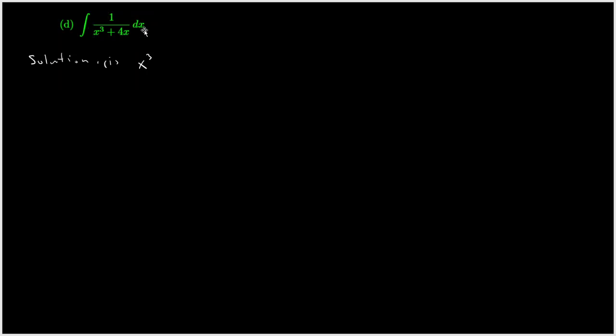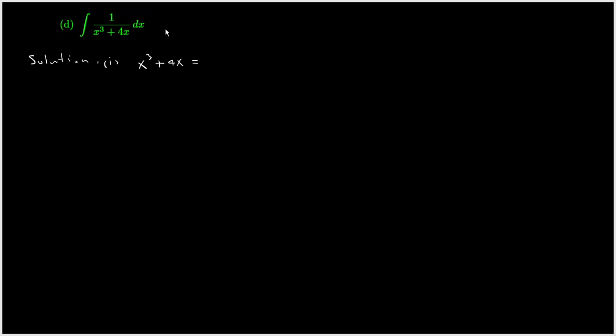I said again, you have to make sure the integrand is indeed a proper rational function. Otherwise, you have to do long division. Okay. We factor the denominator as far as possible. You have x cubed plus 4x.